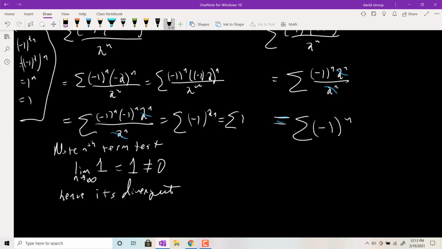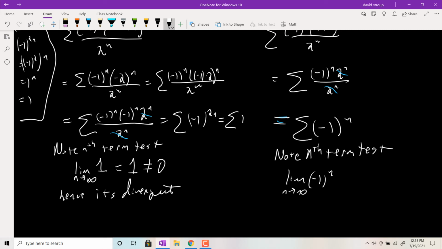And again, you could do the nth term test, or you could say it's geometric. The limit as n goes to infinity of (-1)^n will be -1 if n is odd, and +1 if n is even. Therefore, the positive terms and the negative terms go to different limits.